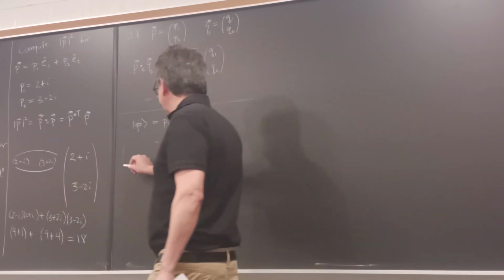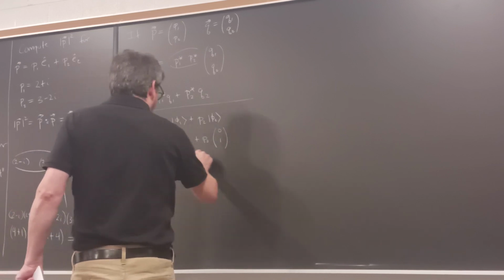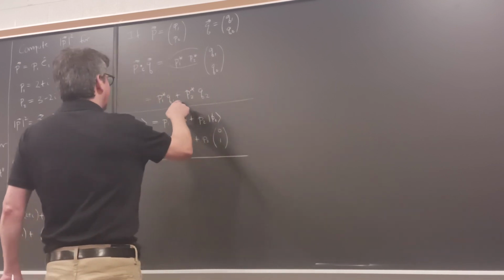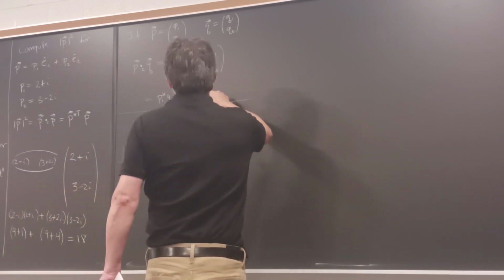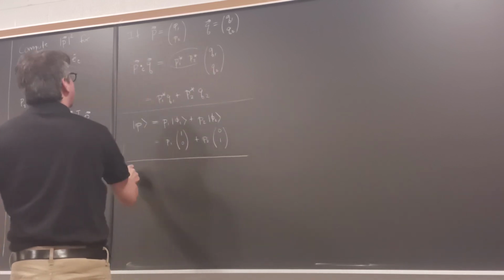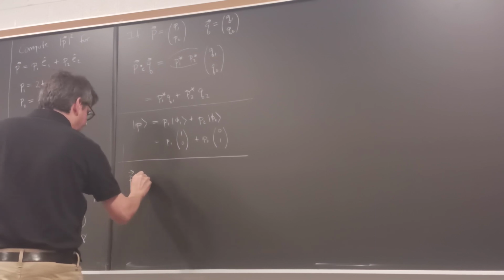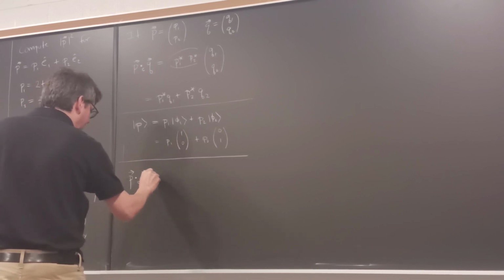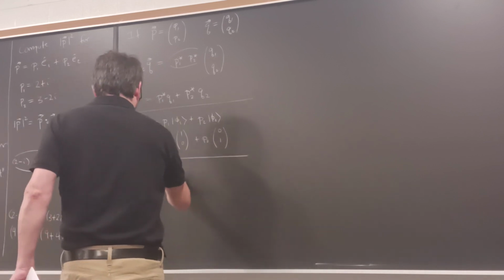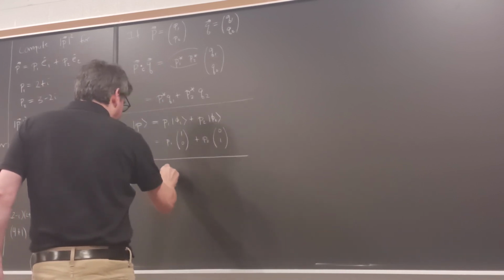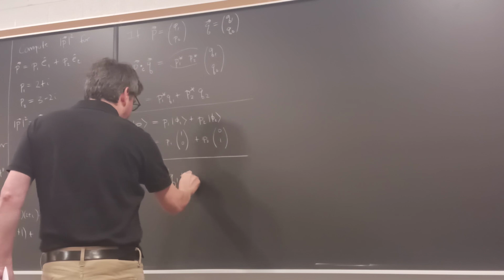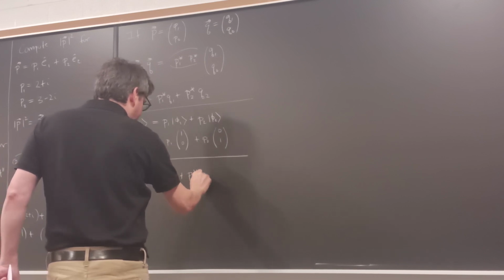While we're here, it does matter for the following reason. Let's just continue with this example. If we take P dot conjugate Q, that's this expression: P1 star Q1 plus P2 star Q2.